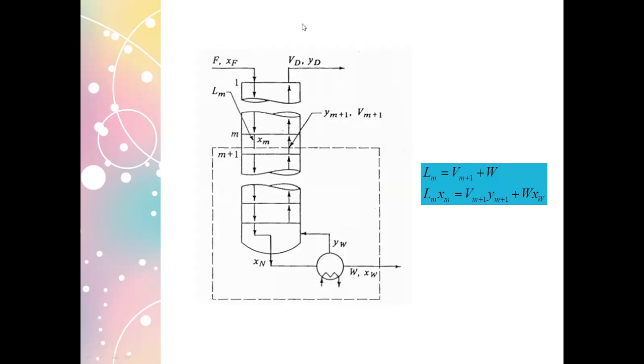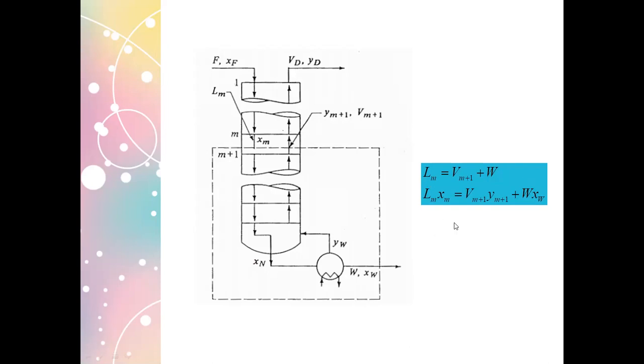If we do a material balance here, we have W, this W is equal to V sub M plus 1 plus your L sub M leaving, and L sub M is equal to the only stream that is entering this section here. So take note, we did not account for the feed. So you have that as L sub M.